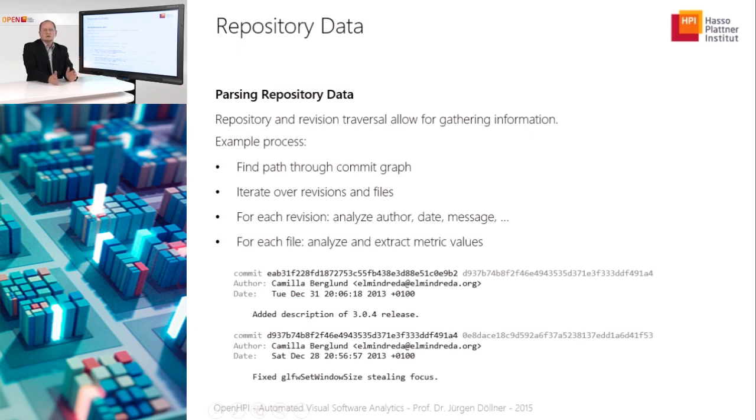We can ask, how did a certain metric, for example, lines of code, change over time for this specific file? So parsing is a general technique that allows us in software analytics to access valuable information stored in the repository, stored in the version control system.